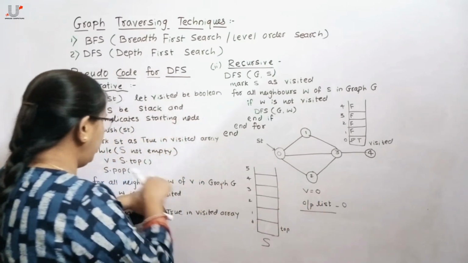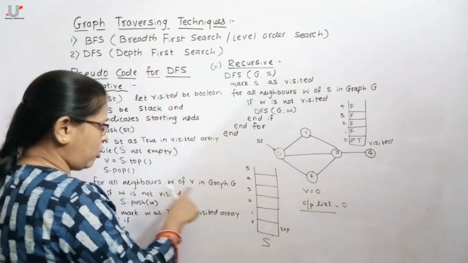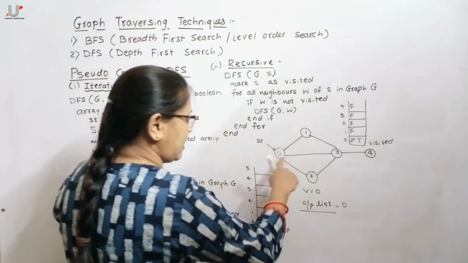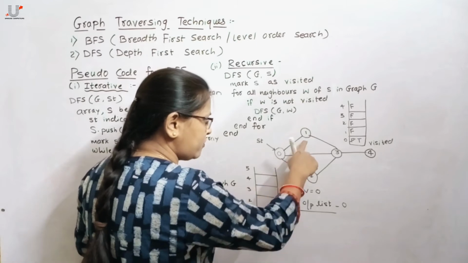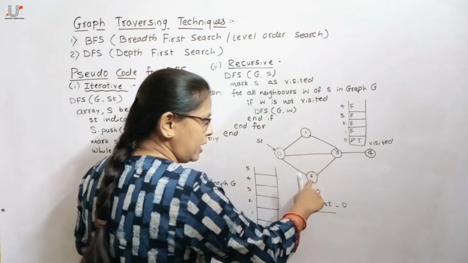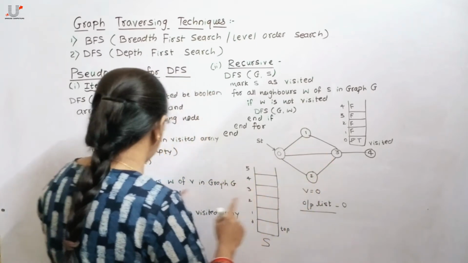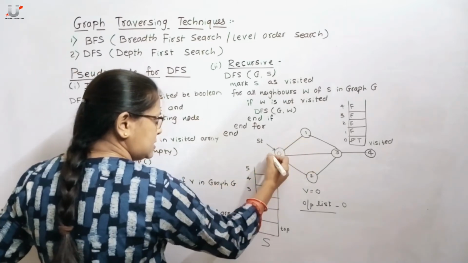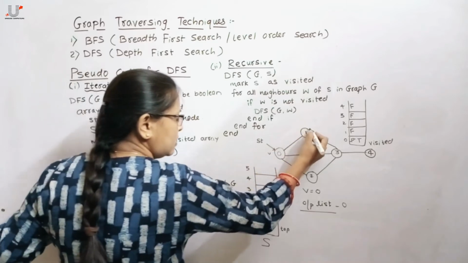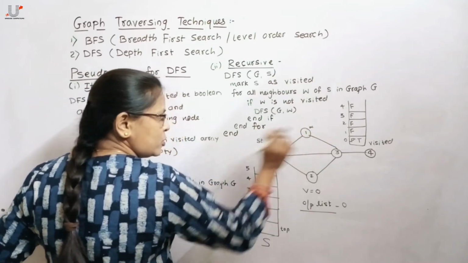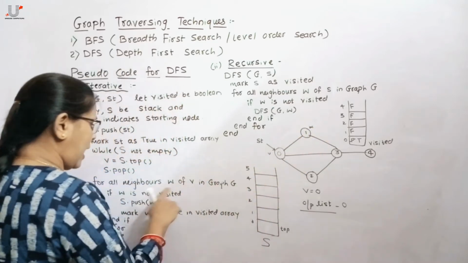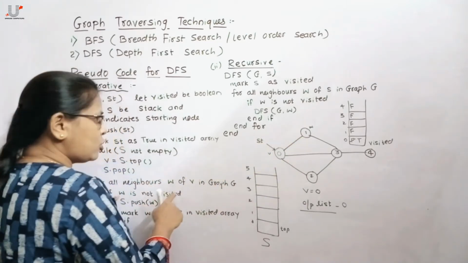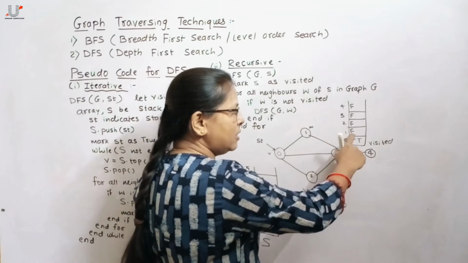Now we have to add all the neighbors of this 0. The neighbors of 0 from this graph are 1, 3 and 2. These are the neighbors. So for all neighbors, suppose this is v, and the neighbor of this v is this 1. If this 1 is not visited, yes, still it is false.